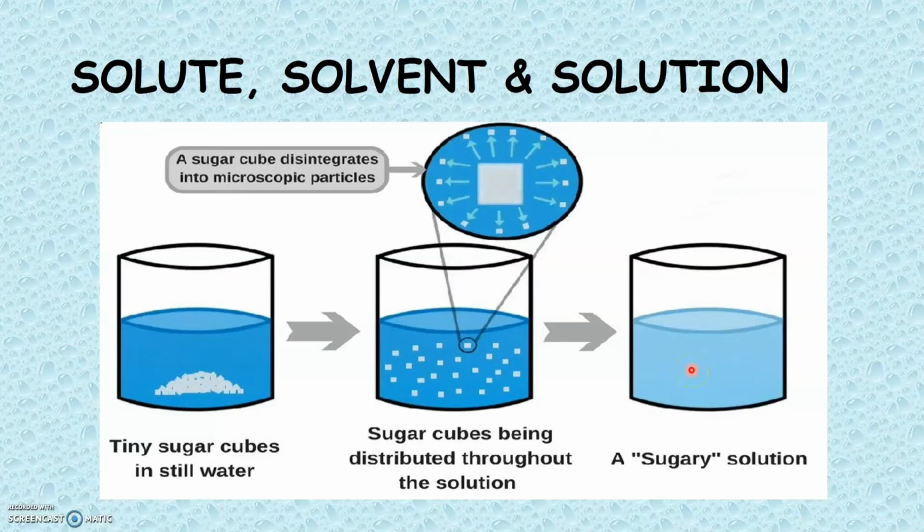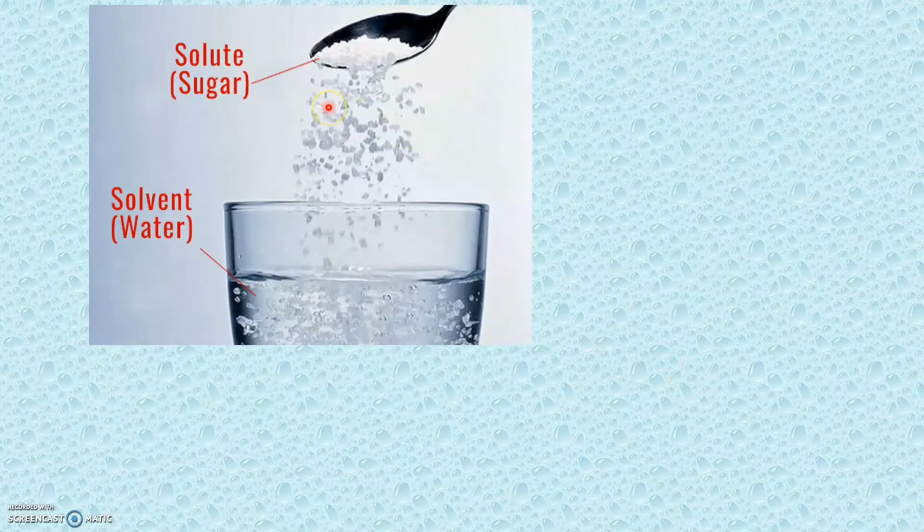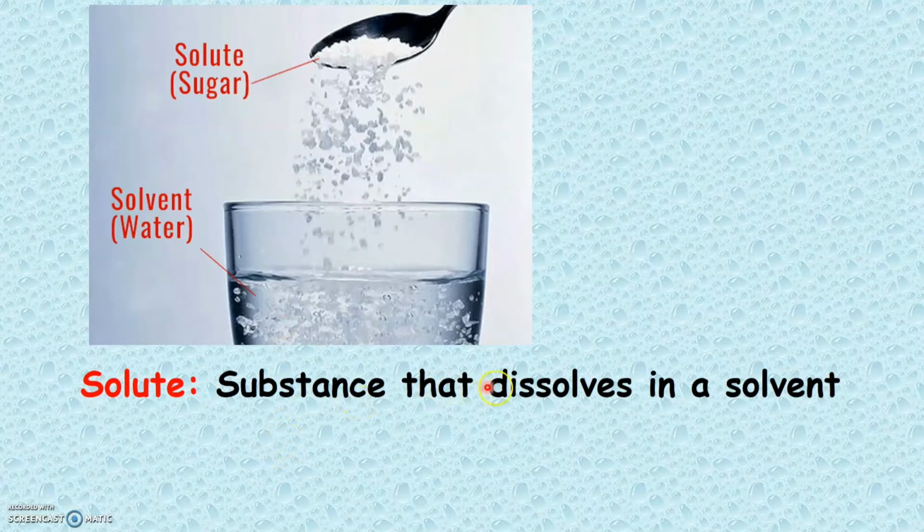Yes. Now, as you see here, when you add sugar into water, you are actually adding a solute into solvent. Now let us see what is a solute and what is a solvent. A solute is a substance that dissolves in a solvent.